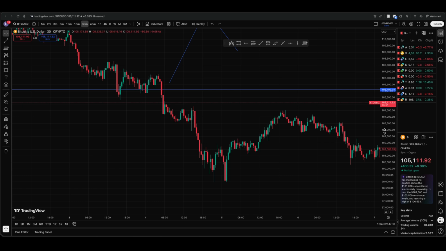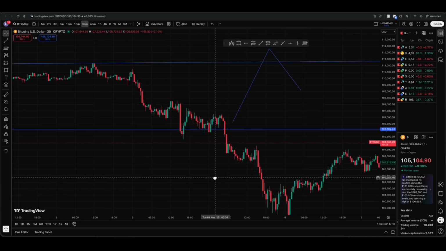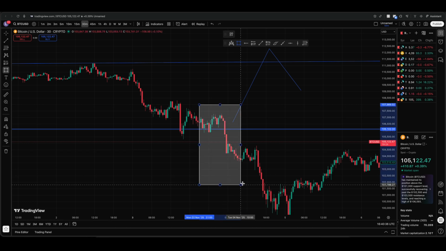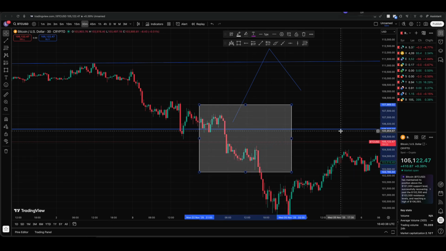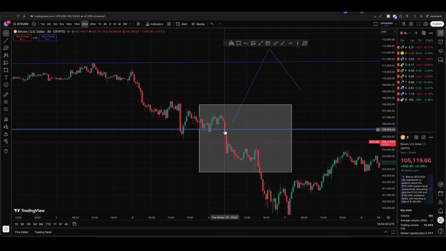So let's again come back to my screen. Let us talk about this. Here you can see that price went down giving a breakout, then again it went here.